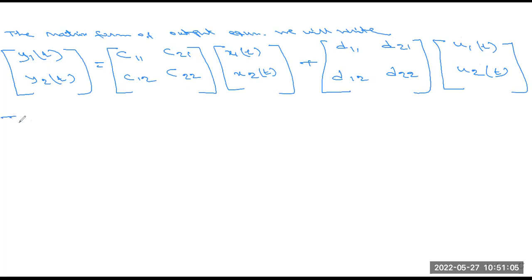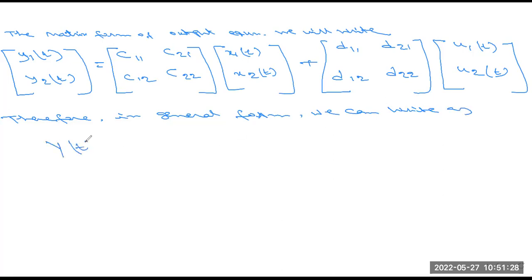Now, in general form we can write the output equation as y(t) equals C x(t) plus D u(t).